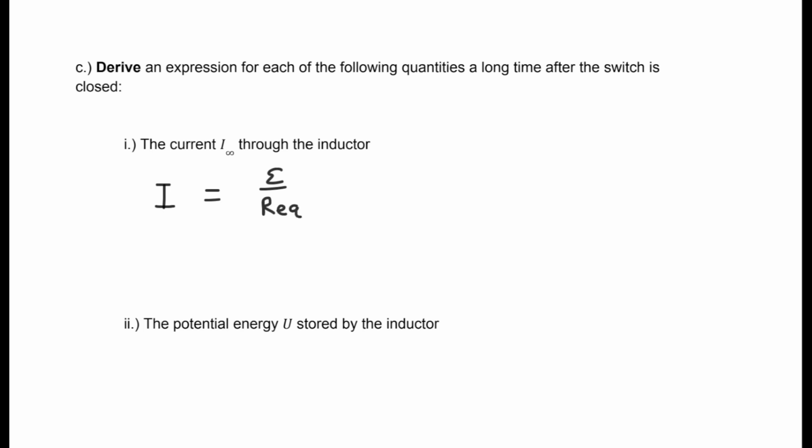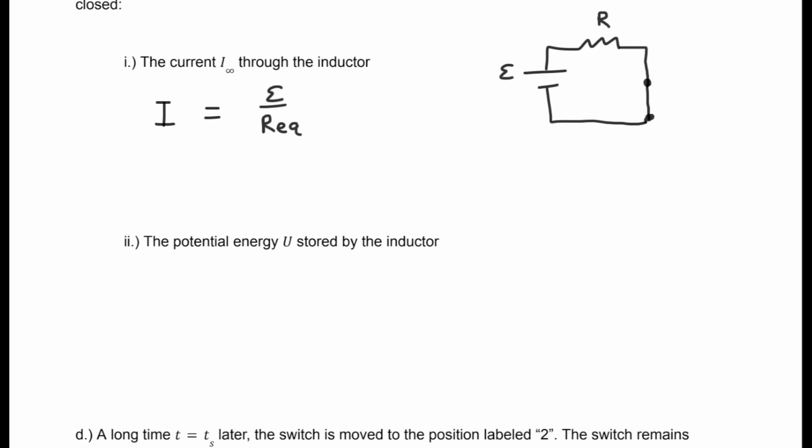And we know that because if I just draw my circuit, we said that at long times, the inductor does not mind because it's a steady state current, so the inductor acts as a short circuit. And there actually really isn't an Req in this situation because it's just a single resistor, so it's just the battery EMF divided by R.